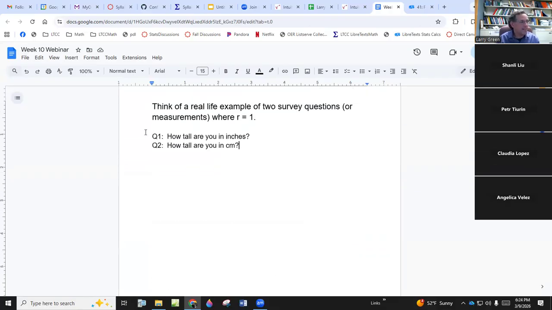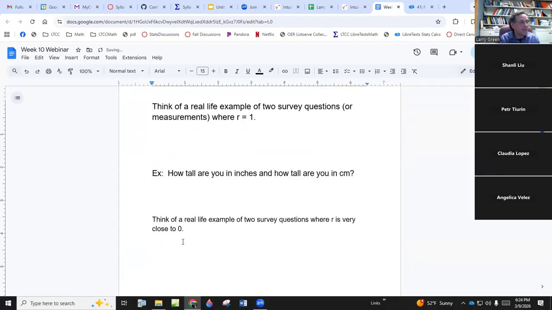So I have that written down already. Now, if you can think of a real life example of two survey questions where R is very close to 0. And by the way, it's not going to be the bicycling and the distance from the college, because R was not close to 1, but it wasn't close to 0 either. So that doesn't work.